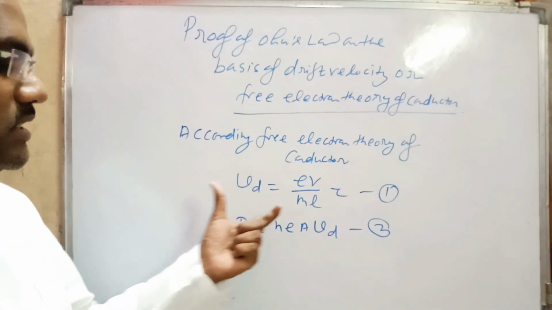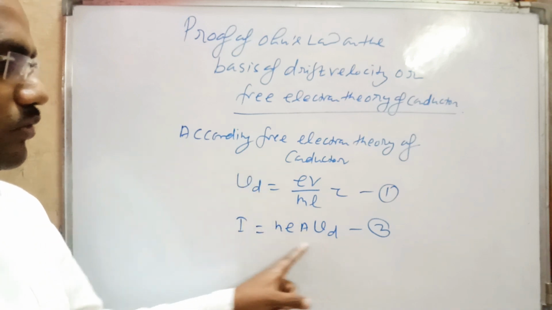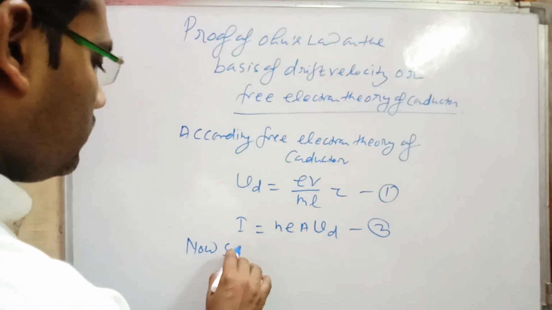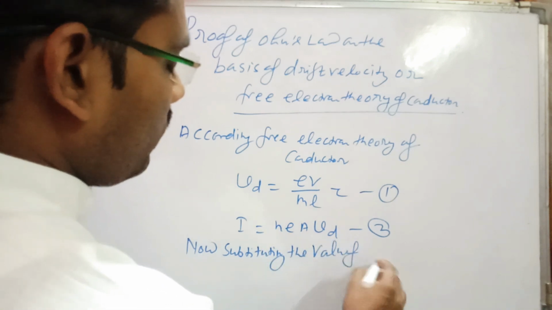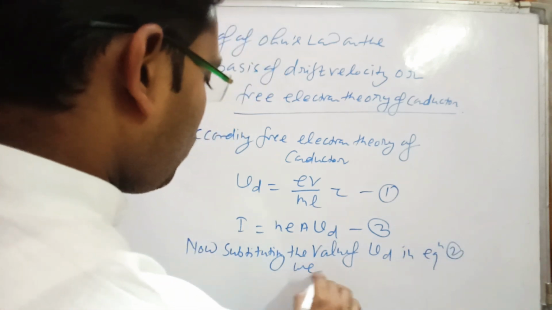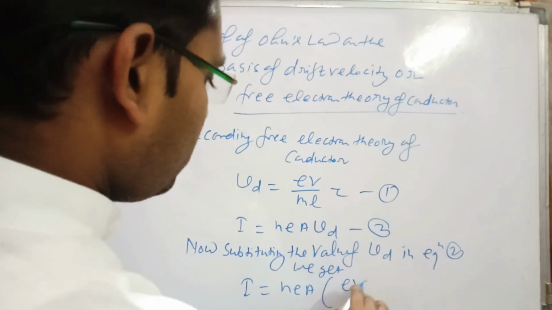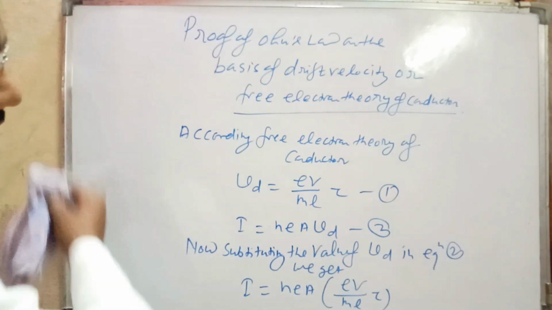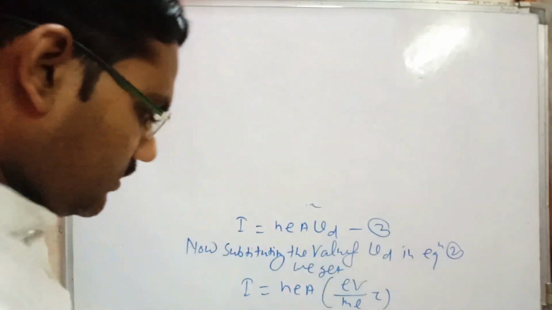Now equating equations 1 and 2, here we substitute the value of Vd in equation 2, we get I is equal to nAe times eV by mL tau. Now we solve this equation.